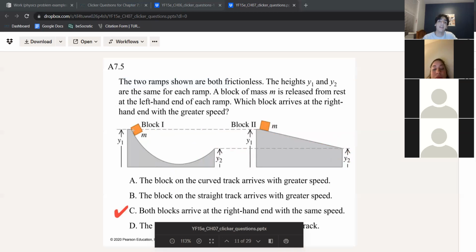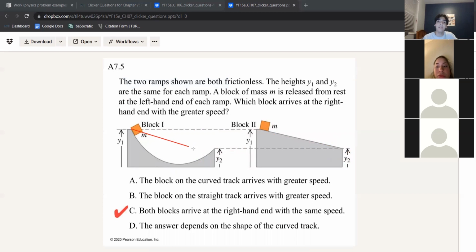Okay, so I was thinking about this. They move from the same starting height and arrive at the same destination relative to their first position, right? So we know that the distance between the two points, or at least the slope of the distance, is technically the same.